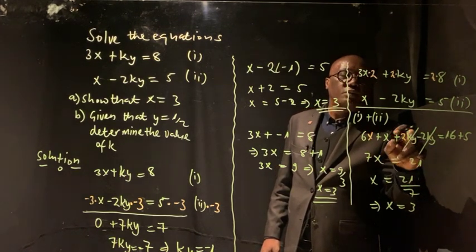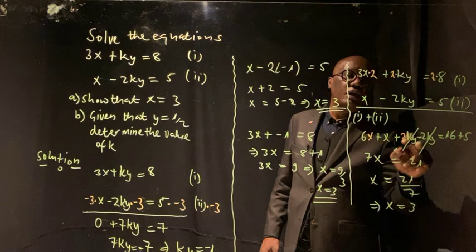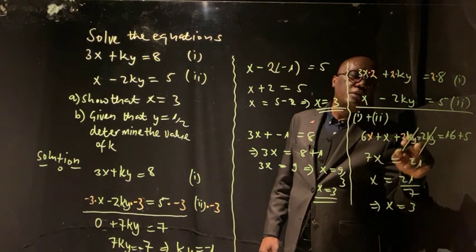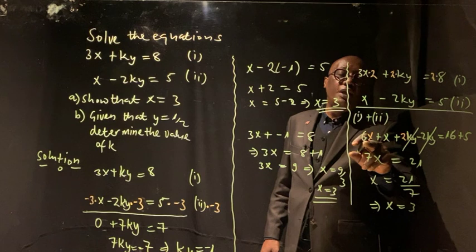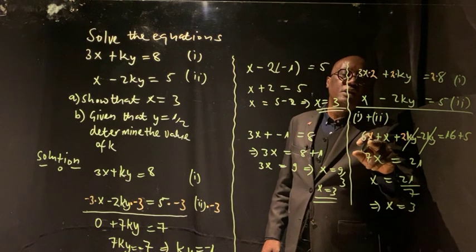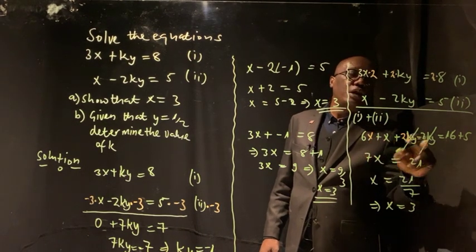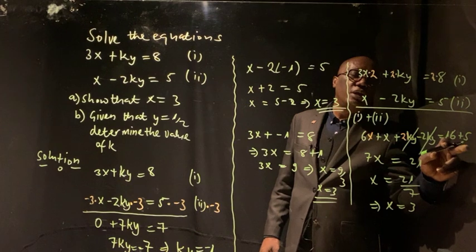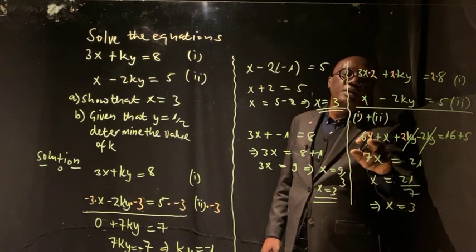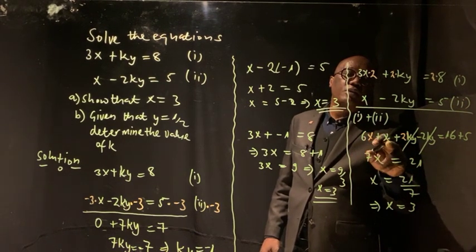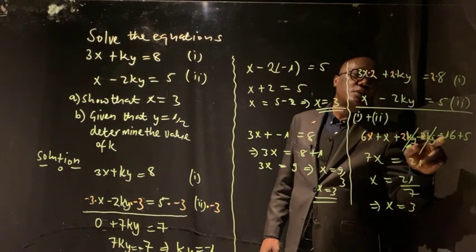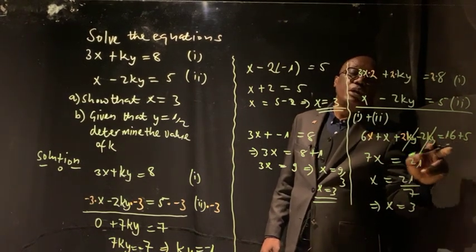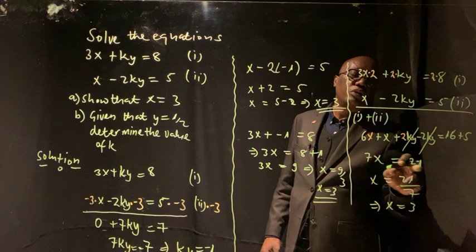But we can see that plus 2ky has cancelled the negative 2ky. So we were left with 6x plus x equals 16 plus 5. 6x plus x equals 7x, and 16 plus 5 is equal to 21. So we have 7x equal to 21.